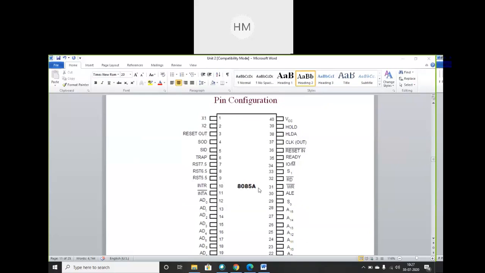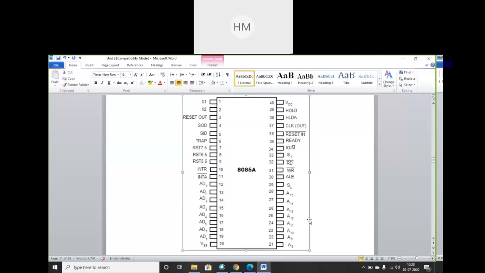From roll number 10 to 20, please write your roll numbers in the chat box. So only one roll number is present from 10 to 20. Okay. 20 to 30.